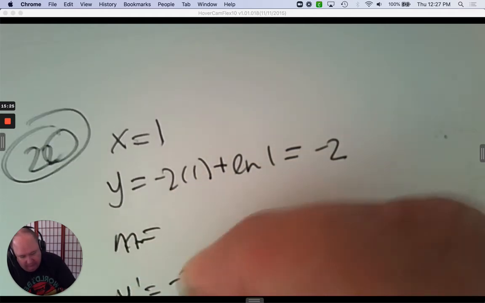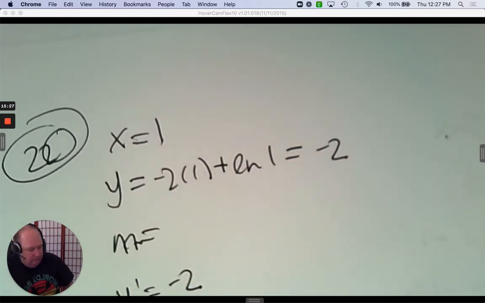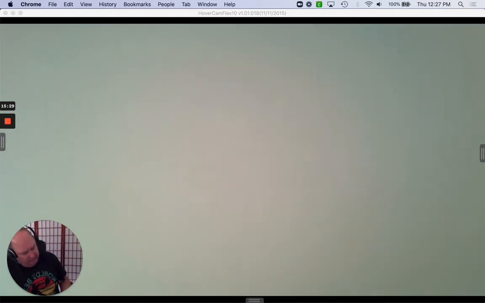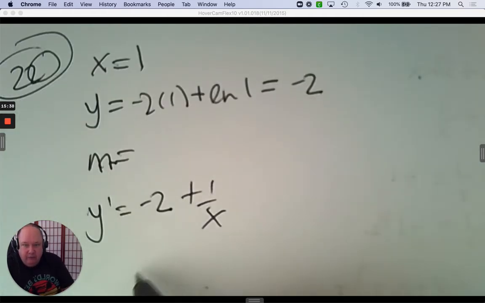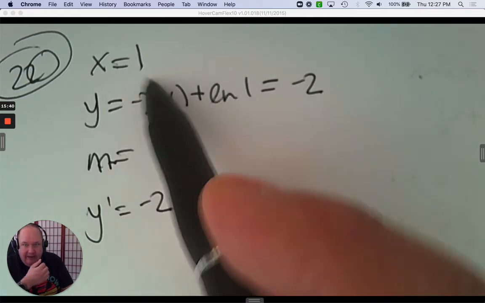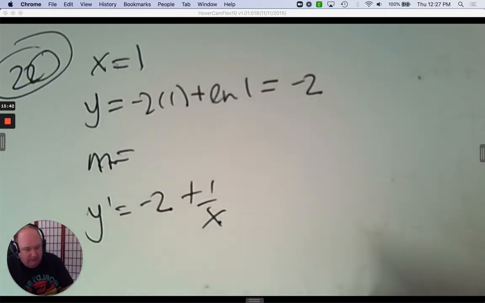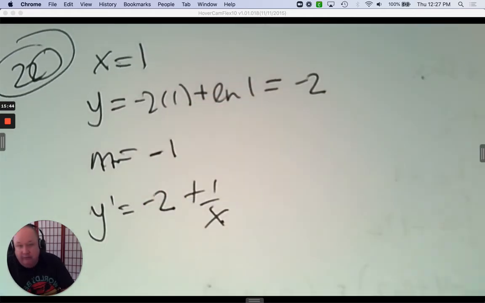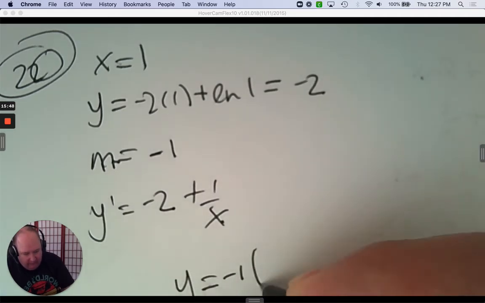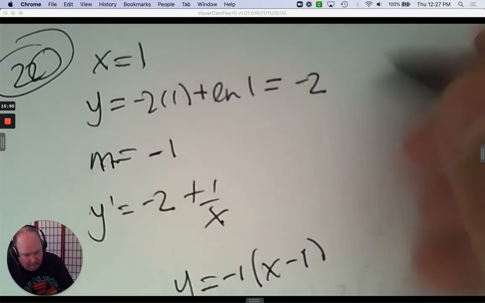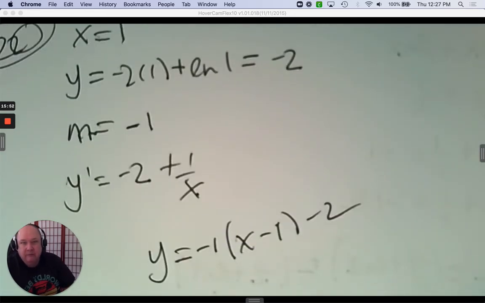The derivative again was negative 2 plus 1 over x. Plug the x coordinate in. So it becomes negative 2 plus 1, which is negative 1. So the tangent line is negative 1 times (x minus 1), minus 2.